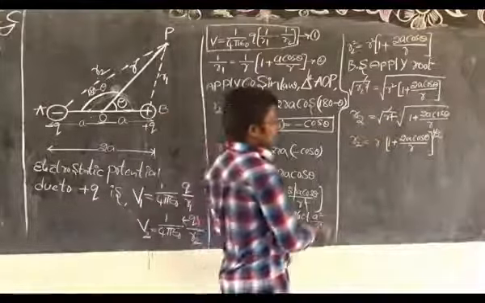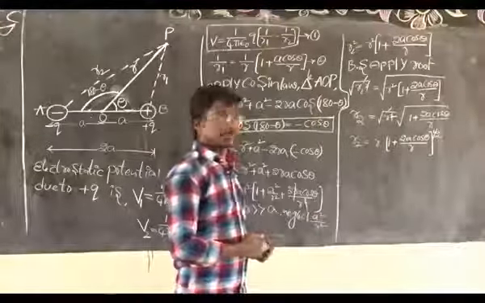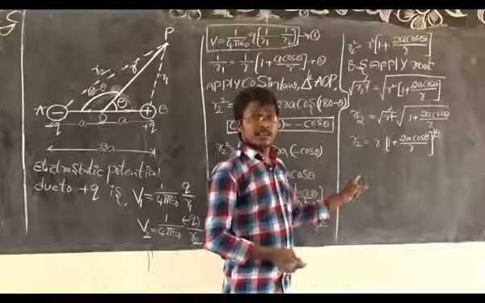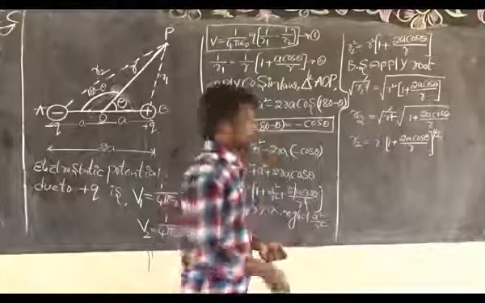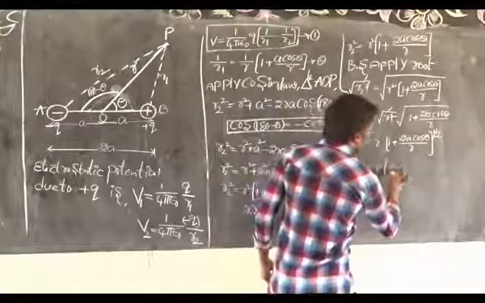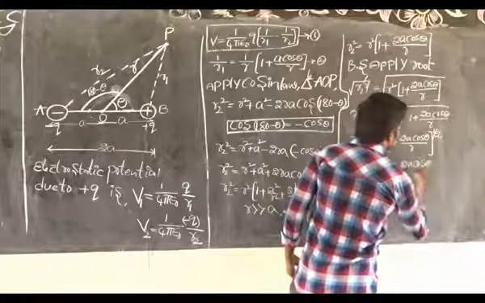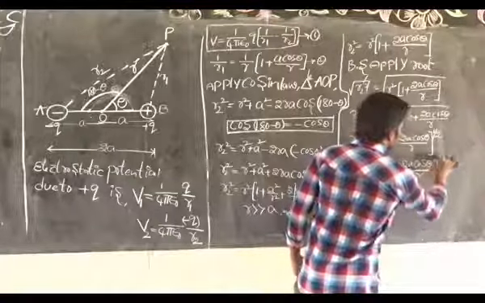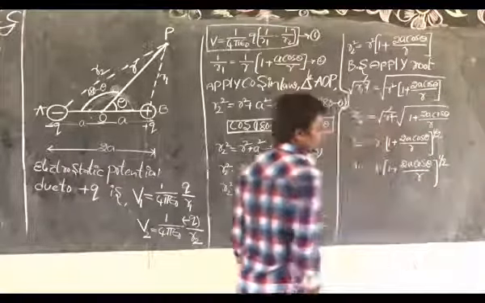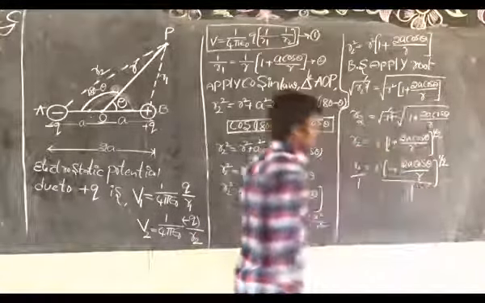Correct. So this is the expression. Again I am taking both sides with denominator 1. R2 is equal to R into 1 plus 2A cos theta by R whole power 1 by 2. This side also I am taking denominator 1, no change.